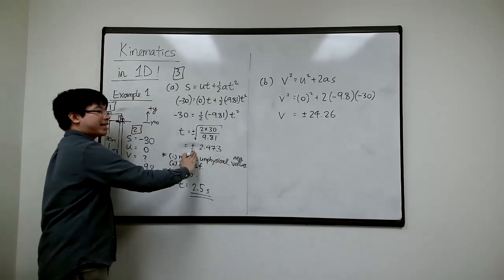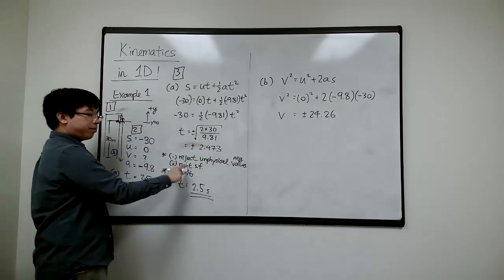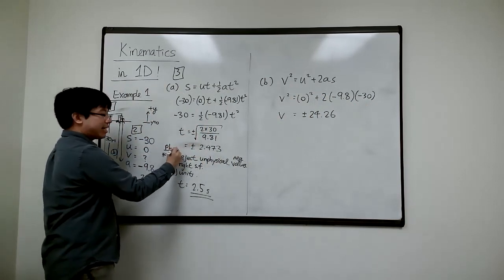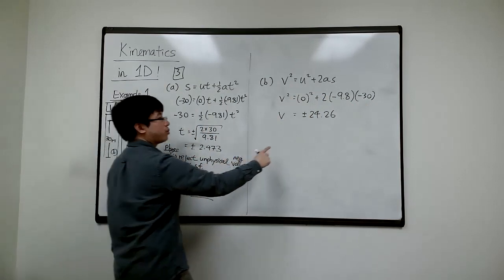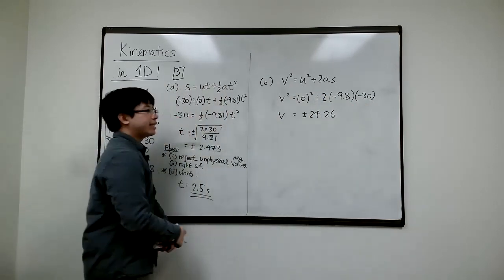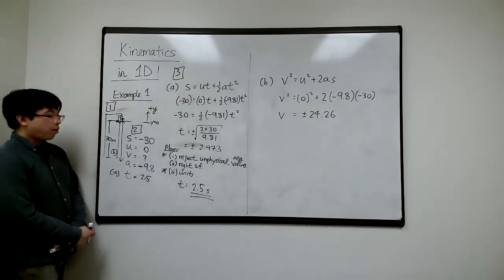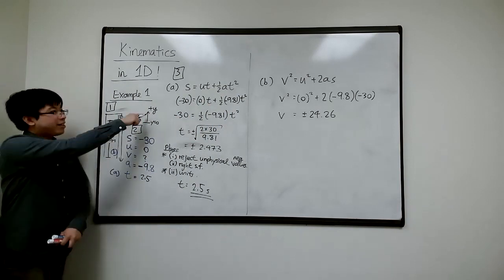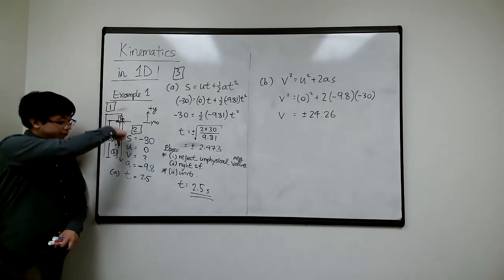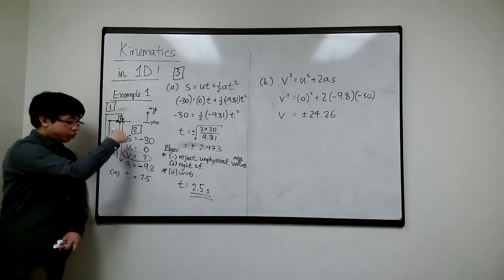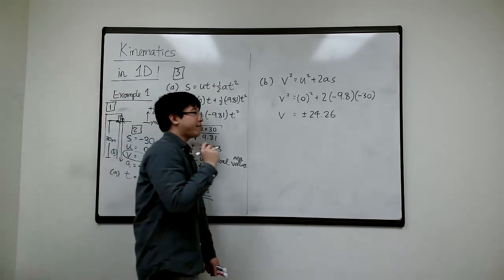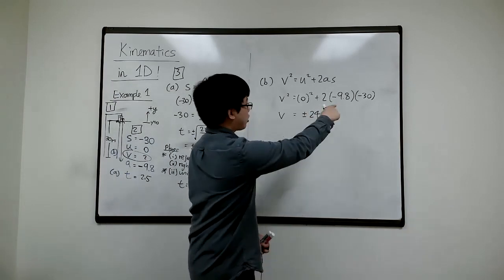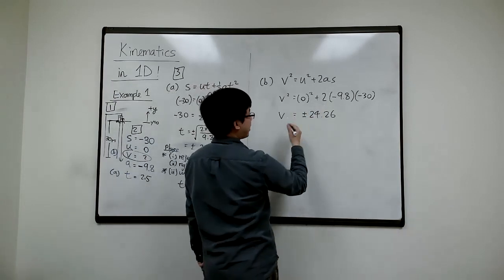Okay, so that alone, I shouldn't put an underline here because that's not the final answer. That's just the math. Now you include the physics to it. You think about which value is correct. Should I use positive or negative? Aha, this one is negative because my positive means going up, but the final velocity should be negative. It is important, when you take square roots, to include the negative solution.